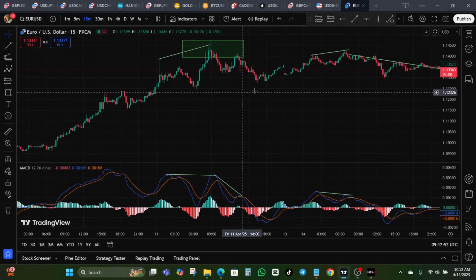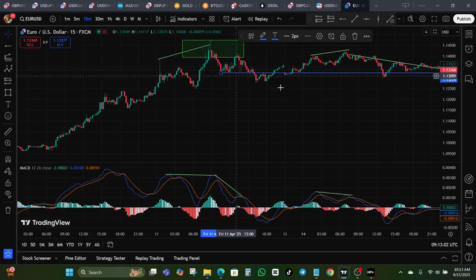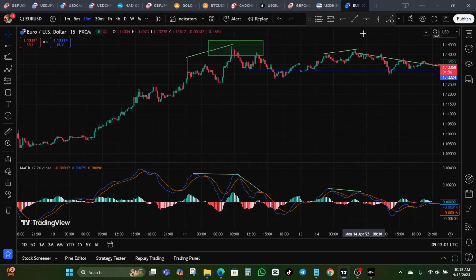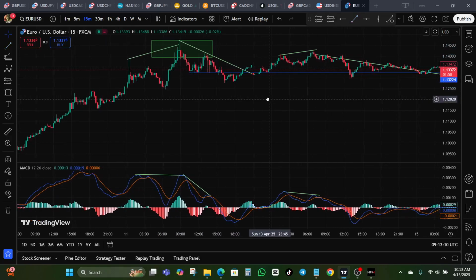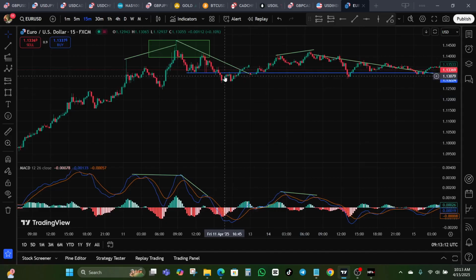And then in addition to that, we had price break below this. You can see we kind of had a descending triangle pattern, and price initially broke below it, then climbed back above it.